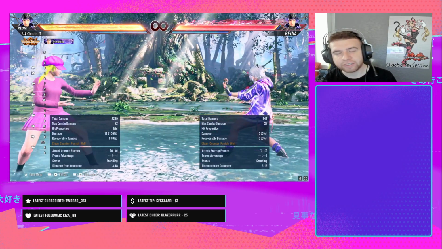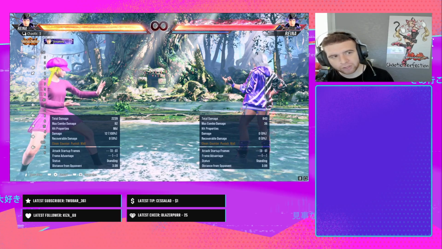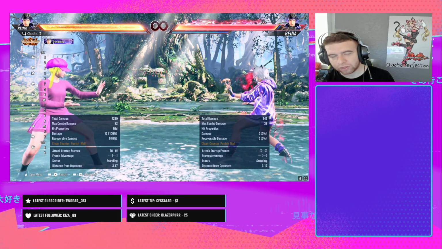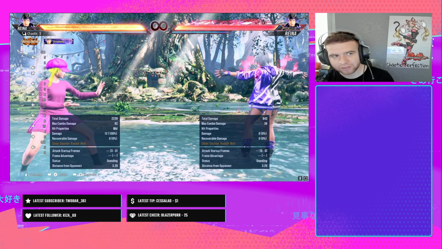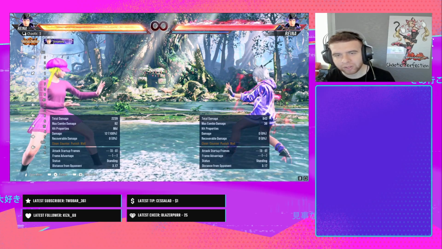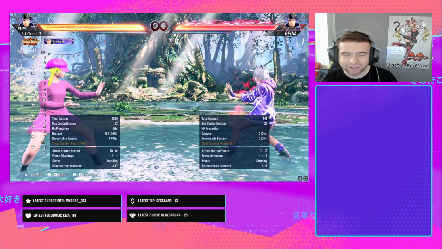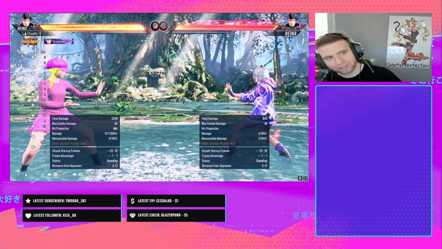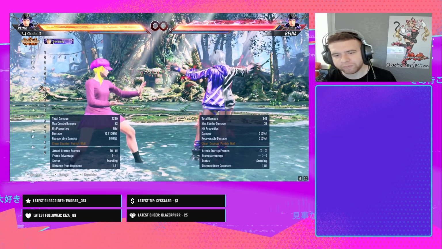Whereas if they did the down forward one, it would be a startup of 13 frames, right? But they have +1, so their technical startup would be 12, and 11 is less than 12, so the 11 would win. So the jab would win, right?